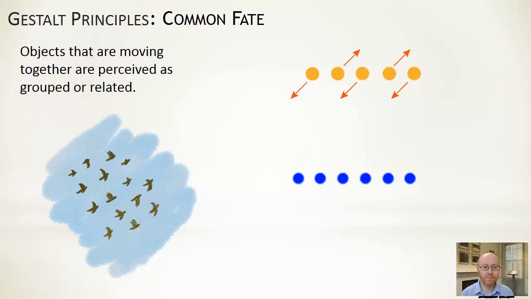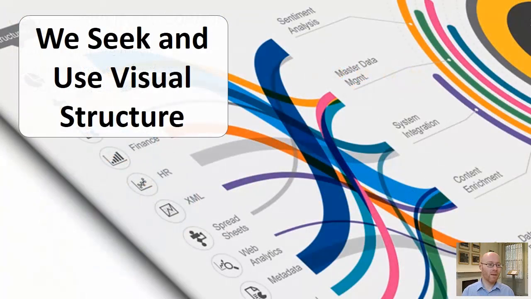Okay, so gestalt principles, the key thing to get across there is that we are wired up to see certain forms of information and to structure information in a certain way. That's important because given a scene, we need to quite quickly and effortlessly classify it to make sense of what it is that we see. So we use visual structure. It is a fundamental thing about how we operate.